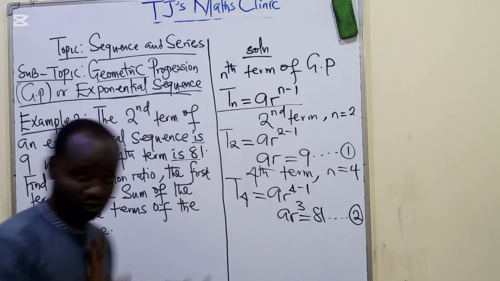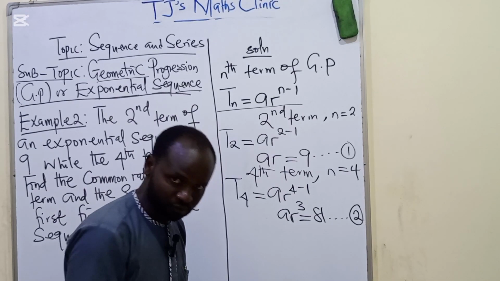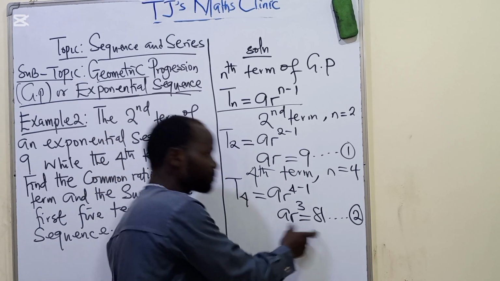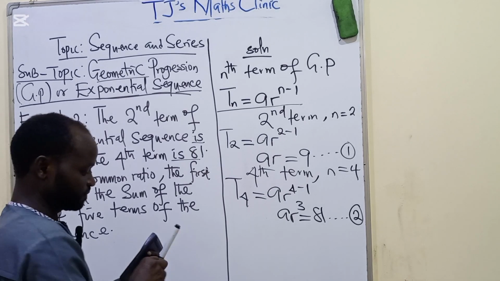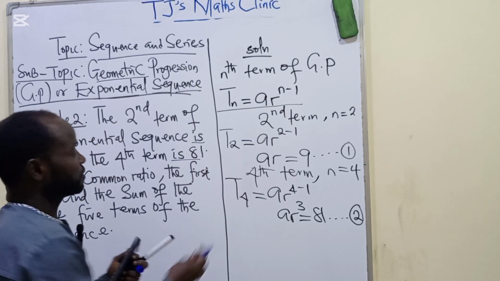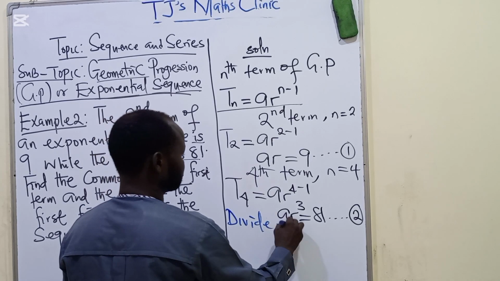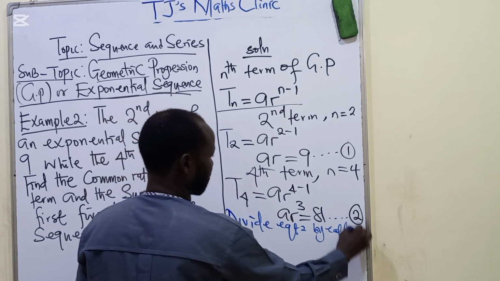Under geometric progression, anytime we form two equations, the next step is to divide equation 2 by equation 1. Very important. So at this point, the next step, we will divide equation 2 by equation 1.